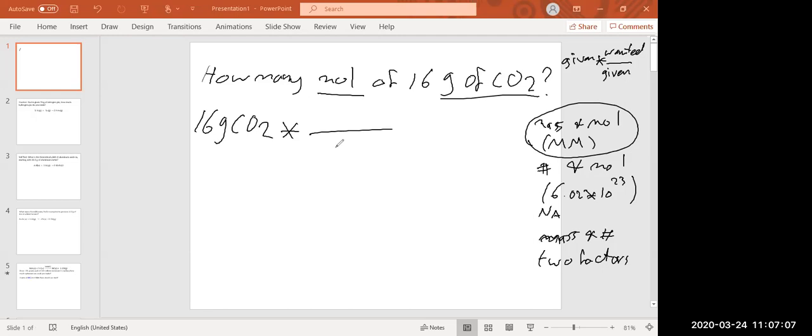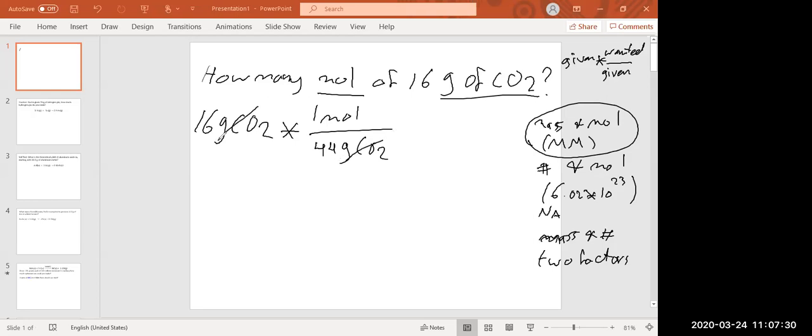What is the mass of CO2? Carbon 12, each oxygen 16 times 2 is 32, plus 12 for carbon, so it will give you 44 gram CO2. Okay, and on the top will be the 1 mole. So we can cancel gram CO2 with gram CO2.